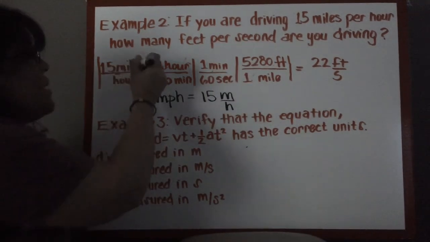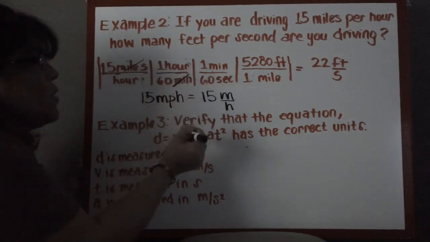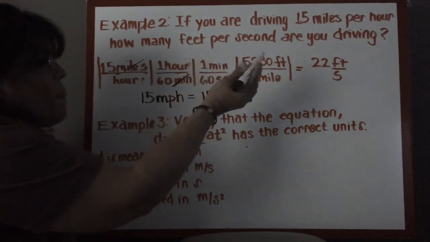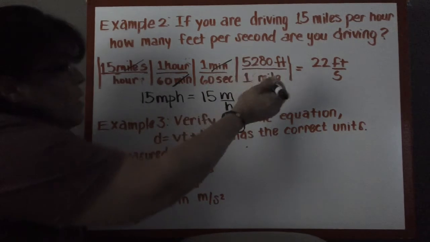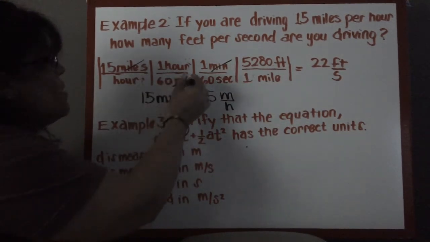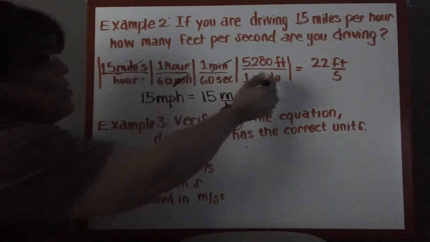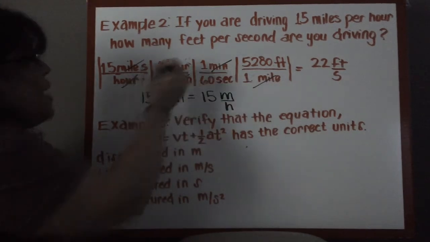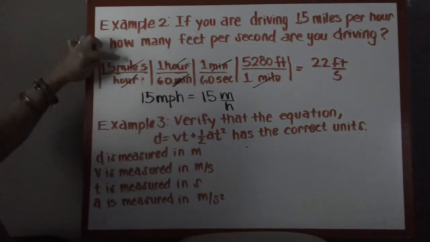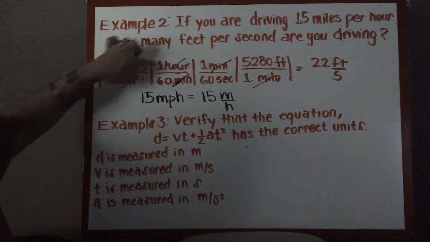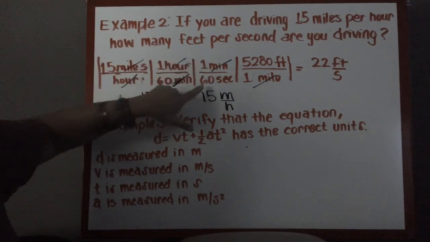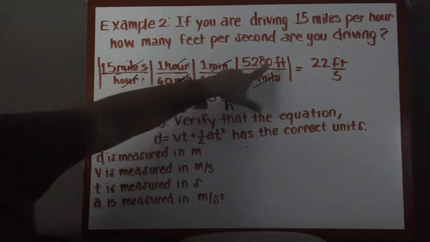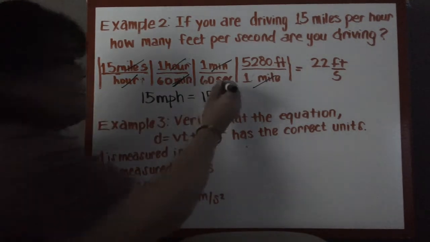Miles are going to cross out, hours cross out, minutes cancel out, and what we're left with is feet and seconds.